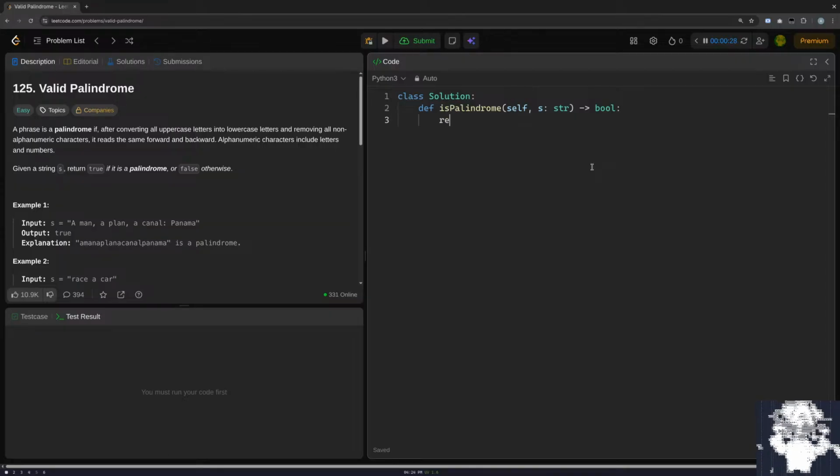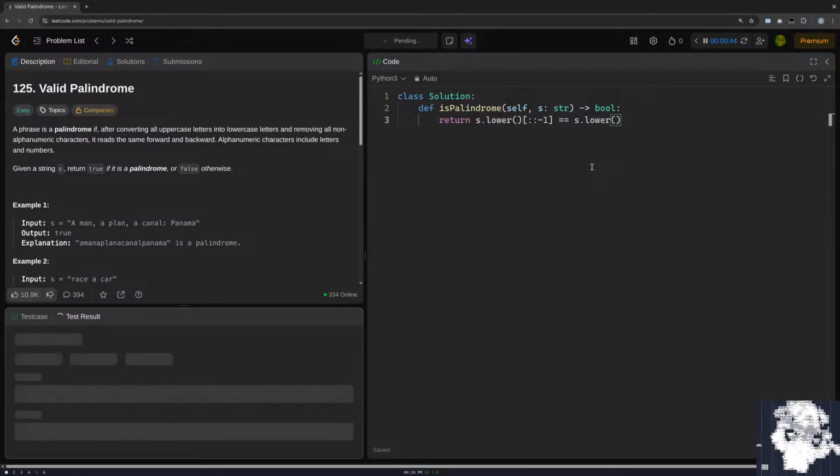I mean, in Python you can just do return S dot lower equals S dot lower reversed. That gives the right answer.